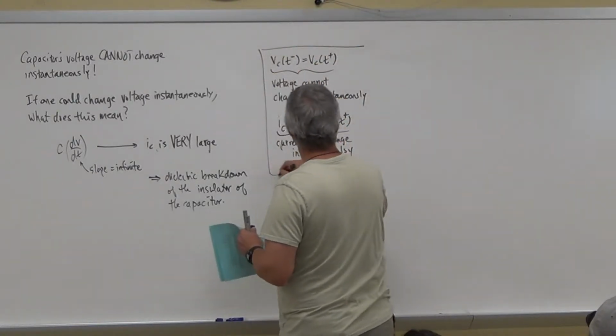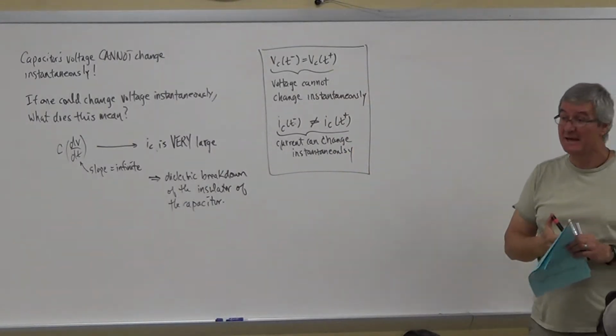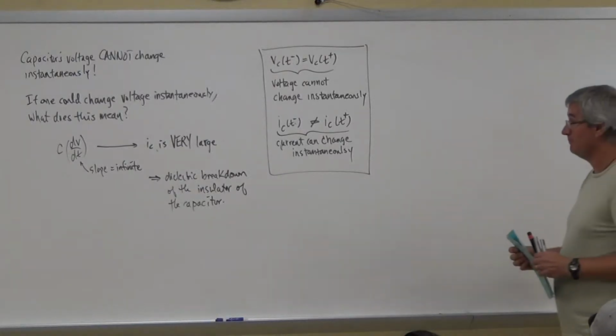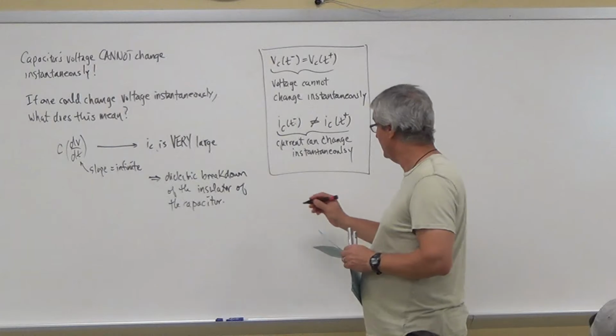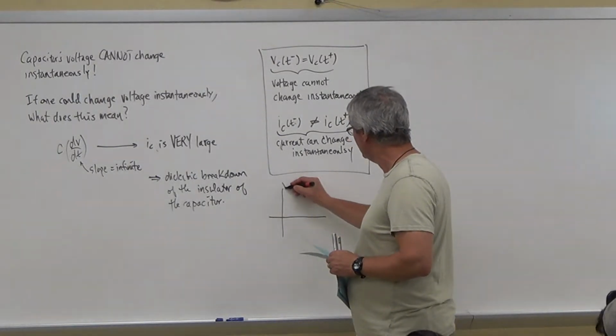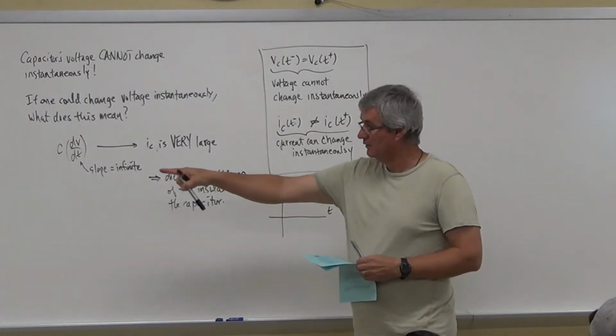And this is super, super important in this chapter. It's a big deal. These are the things that we will carry with us. And you'll see when we start to do mathematical calculations. What we mean by this is, if you look at the voltage of the capacitor, what's it going to look like? Like that.